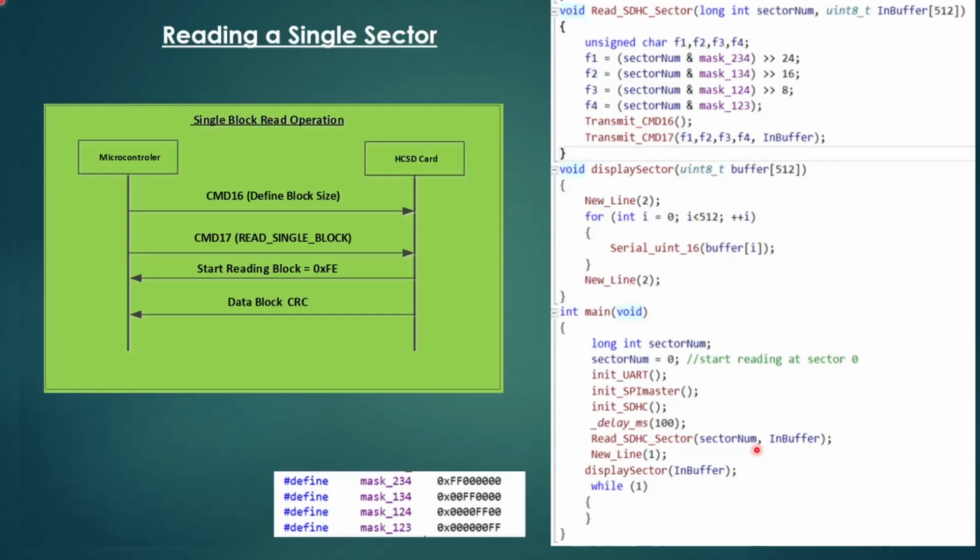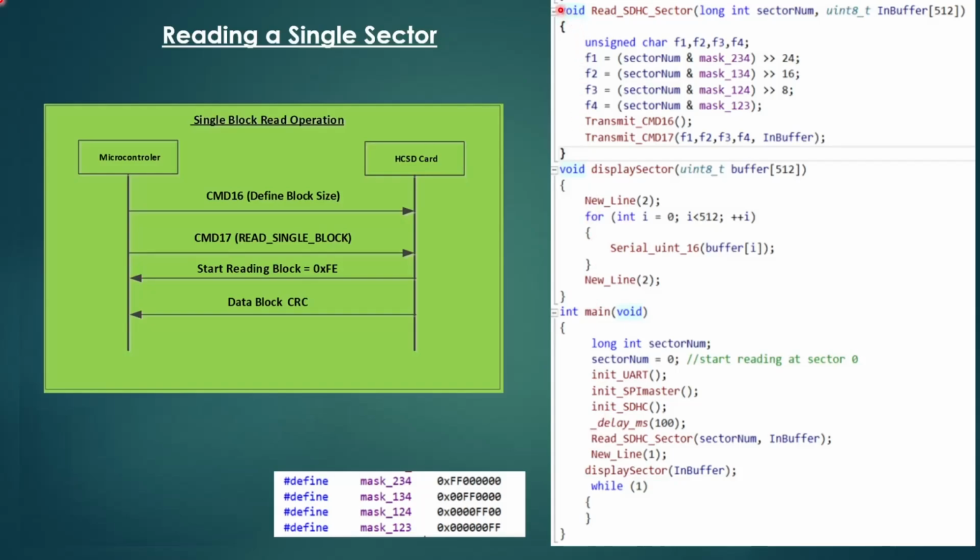And we're also going to send an in buffer, where we want all our data to be stored. Once this routine has been executed, we're going to display the information, which is going to be in the in buffer.